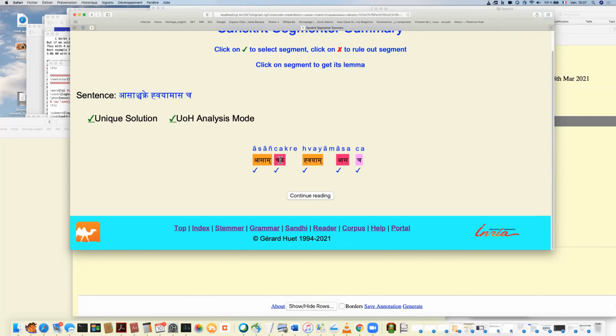So the auxiliaries are as, to be, bu, to become, or cur, to do, to effect.